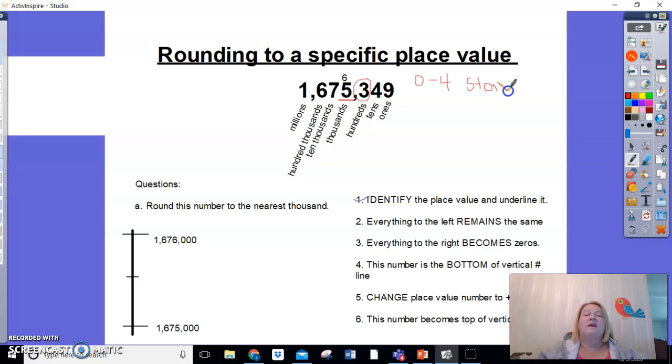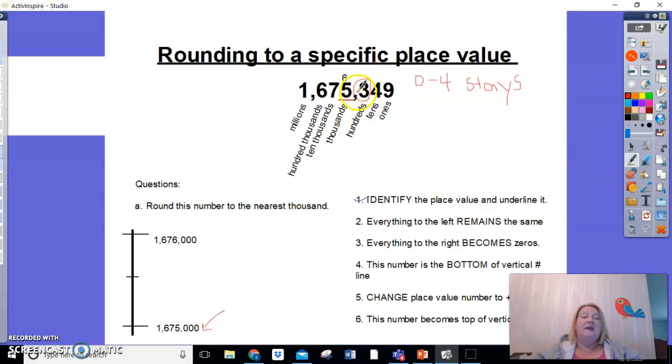So let's look at our number. In the case of our number, it's a 5. So our 5 stays the same because this is a 3. Our 5 stays the same, so we know our rounding number is going to be this one. 1,675,000 is going to be our answer.